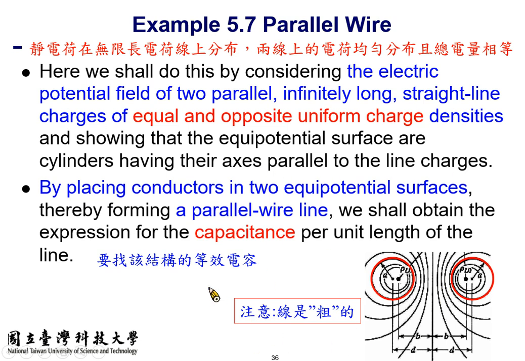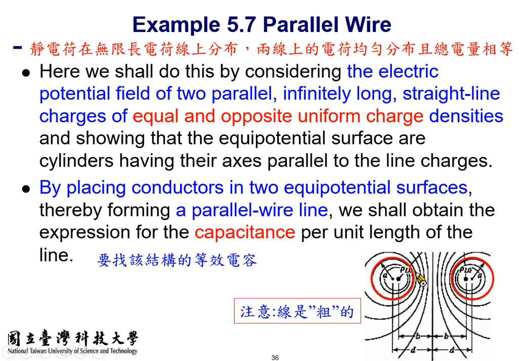So what we are going to do is find the capacitance. Note that the wire has a certain radius. The radius of the wire is what? A is the radius of the two wires.